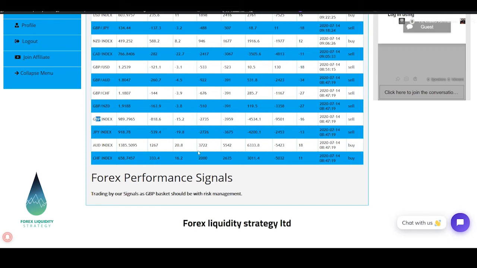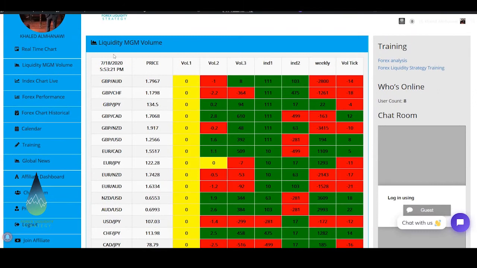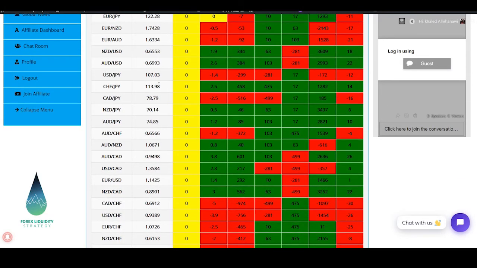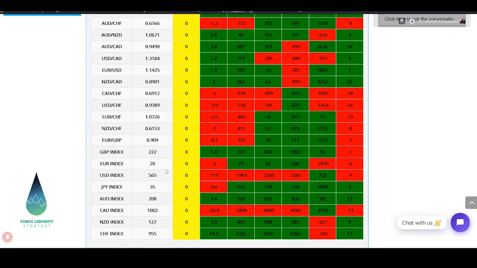What we're interested in here is pounds as well as euros. That's why we mainly focus on the top 10 pairs on our dashboard. You still have the rest of the currencies. In total, there are 28 pairs as well as 8 indexes.